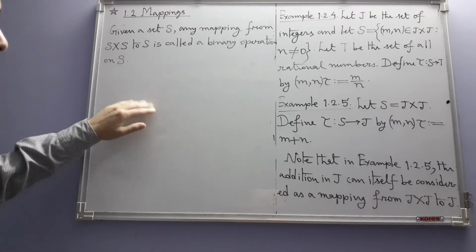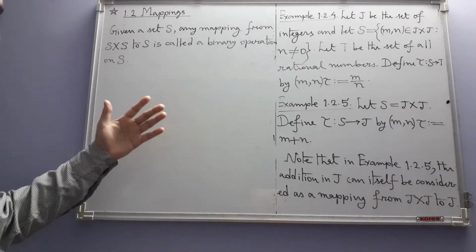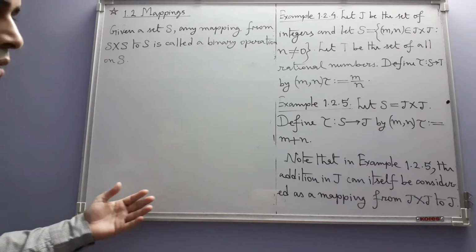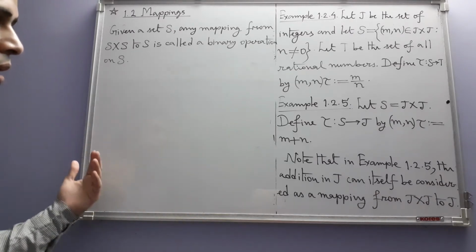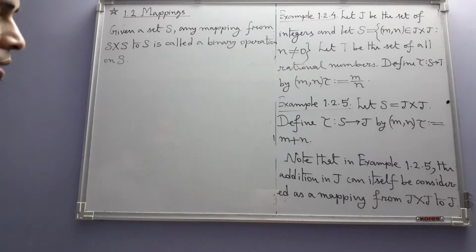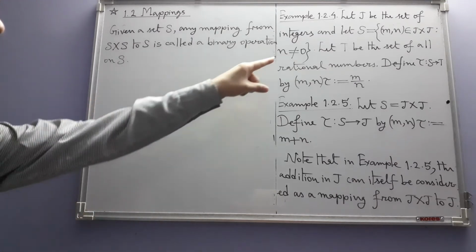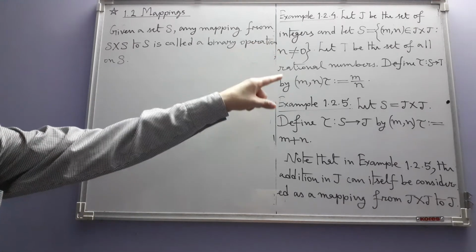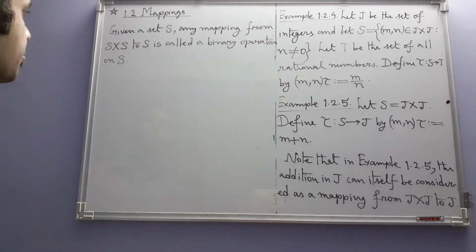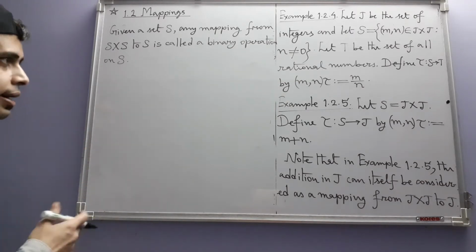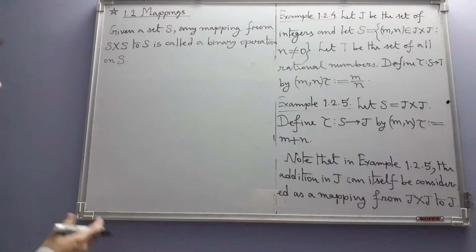If there are three elements, then the operation will be called a ternary operation. So there are arities of operations. An ordinary function is called unary. The n-ary operations are also there, where n can take any positive integer value.